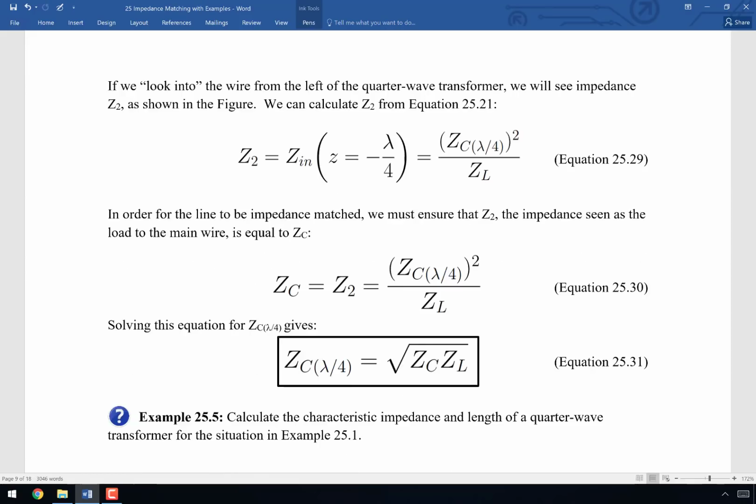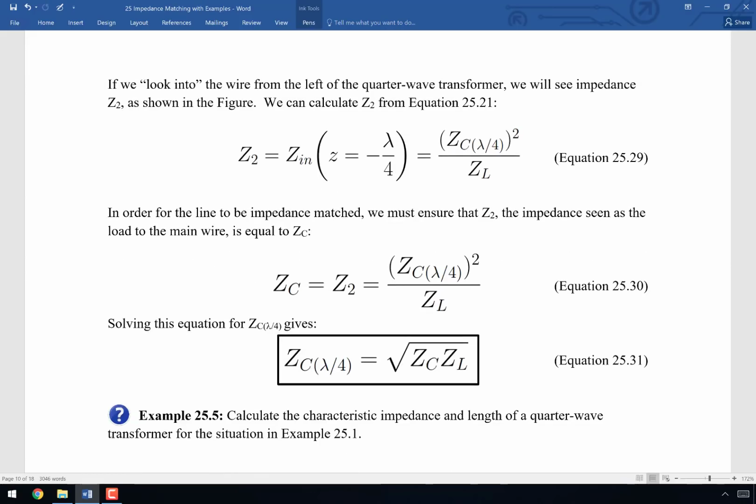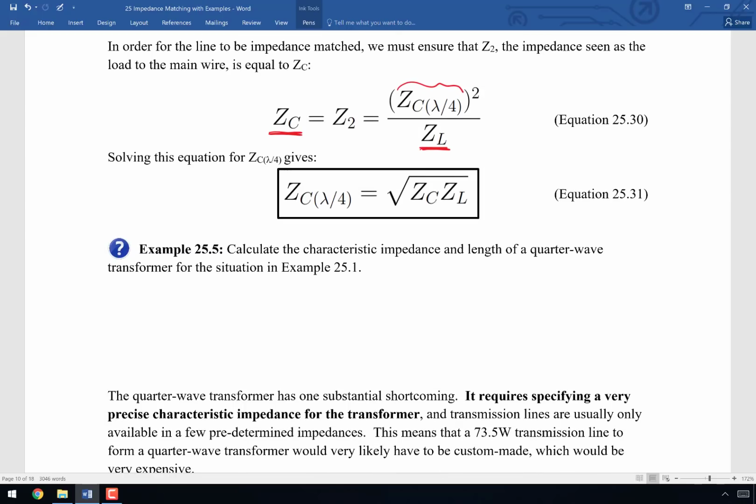So we're going to say Z sub 2 is equal to Z sub C of the quarter wavelength transformer squared divided by Z sub L, and that must match the characteristic impedance of the line. We know Z sub C and we know Z sub L. What we don't know is Z sub C of the quarter wavelength transformer. If we solve equation 25.30 for it, we get that it is the square root of Z sub C times Z sub L. That's sometimes referred to as the geometric mean of those two numbers.